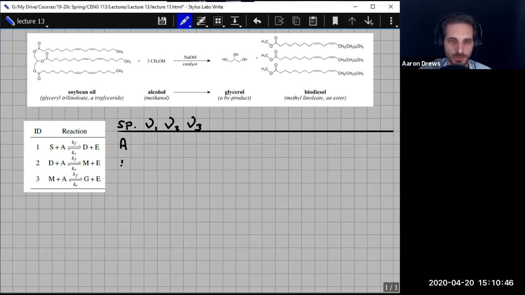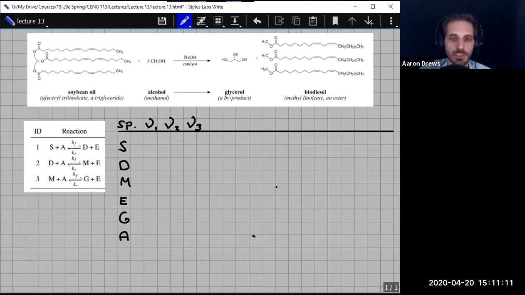So our species will go, let's keep it in the order that we've got here. S, diglyceride, mono, ester, glycerol, and alcohol. I only remember those because it kind of spells out SD mega, and that's the only reason I remember which one is which.